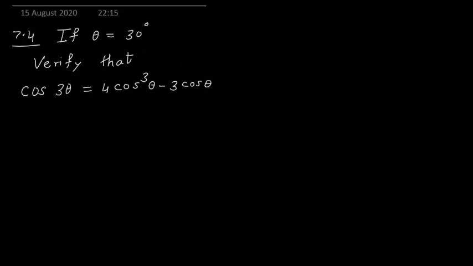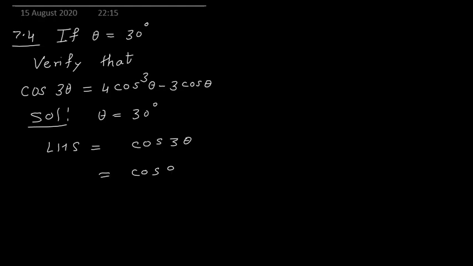So here in the solution, first I will write the value of theta, which is given, 30 degrees. Then I will start with the left hand side, which is cos 3 theta. Now cos 3 theta is cos 3 into 30, that is 90 degrees, and cos 90 degrees is 0. So LHS is simple. Now let us see what RHS is.